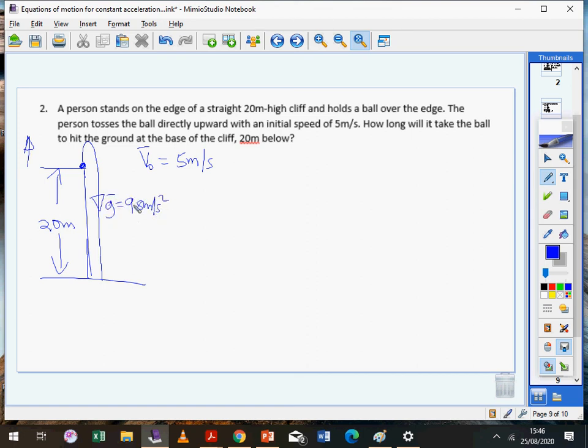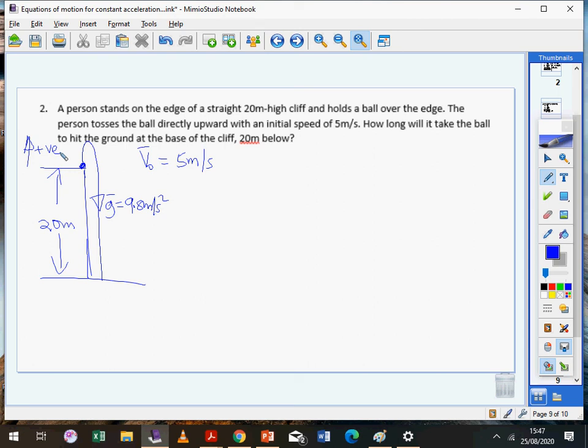So, if you choose up to be positive, that means your acceleration will be negative. But if you choose down to be positive, that means your initial velocity will be negative. So, I'm going to choose up as positive. As long as you stick with your convention, you will get the same answers whichever way you go.